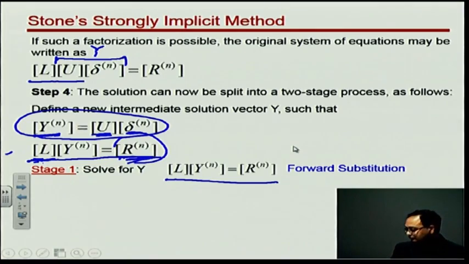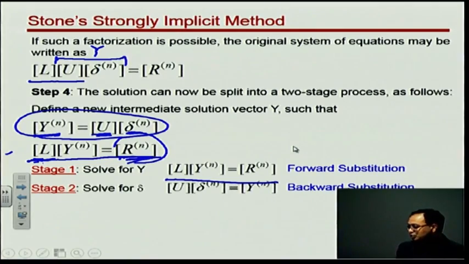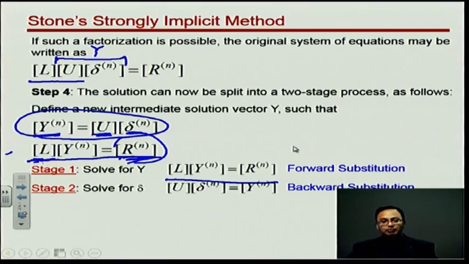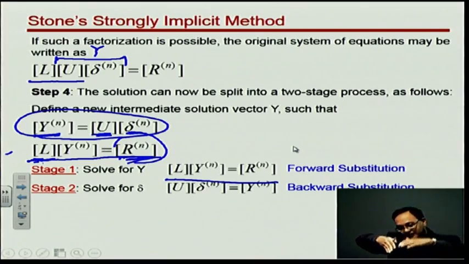And then stage 2, you do the same, and you have a backward substitution, because in this case, you're starting with an upper triangular matrix. So everything on the bottom half is 0, everything in the top half is non-zero. And you start solving with that, you do a backward substitution, again n square operations.